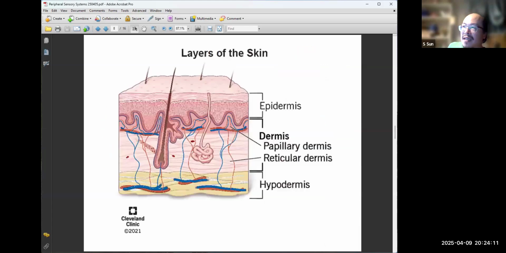And then this slide shows you three layers of your skin: the epidermis, dermis, and hypodermis. As I mentioned earlier, the epidermis does not have blood supply. In the dermis, you start to see blood supply. In the hypodermis, you have fat. So those are the three major things. The dermis is also separated into two layers.